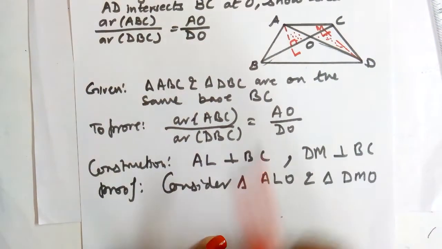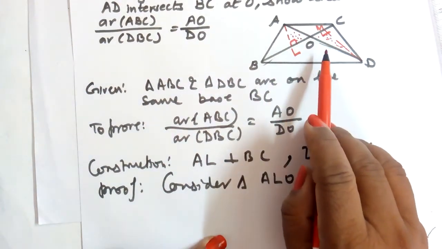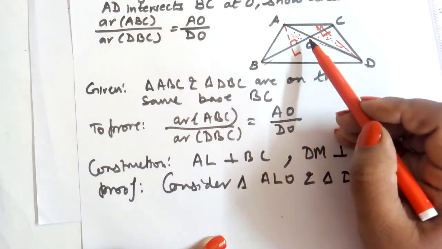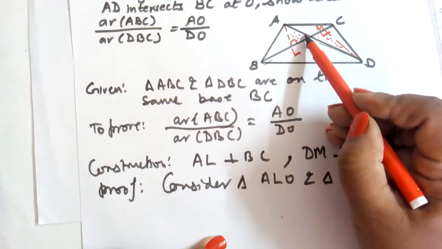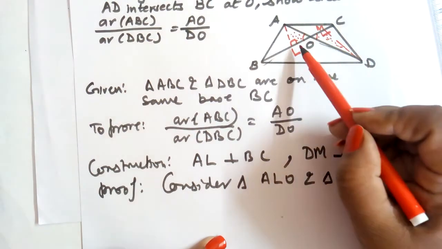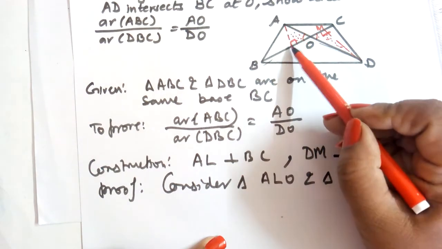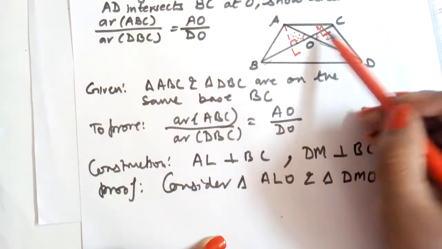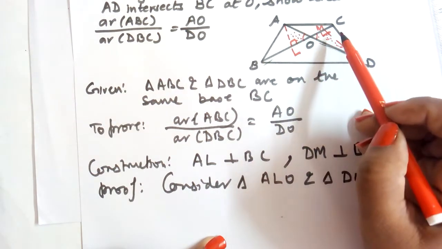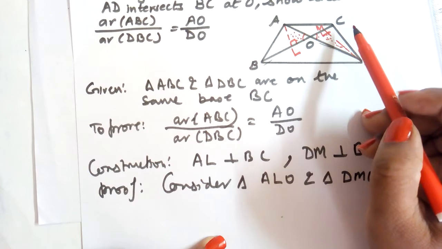In these two triangles, this angle is equal to this angle because they are vertically opposite angles, and angle ALO is equal to angle DMO, both equal to 90 degrees. So these two triangles are similar to each other by the AA similarity rule.